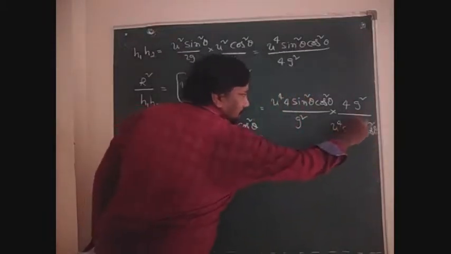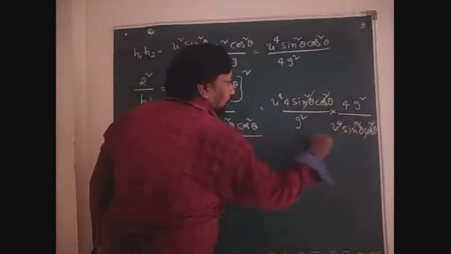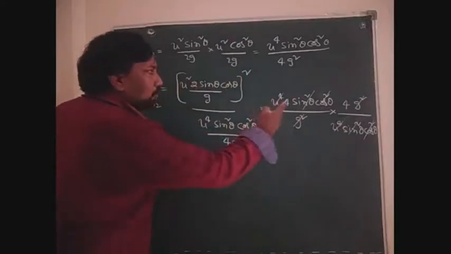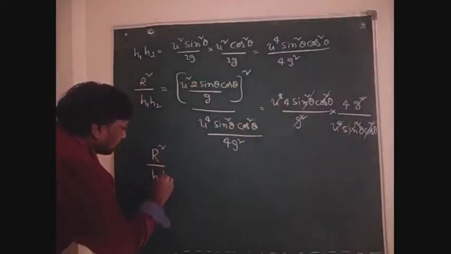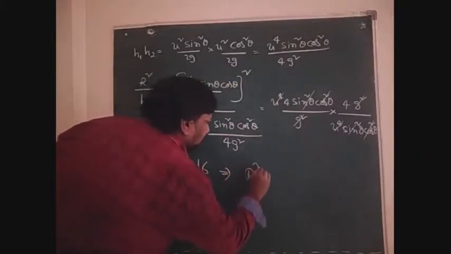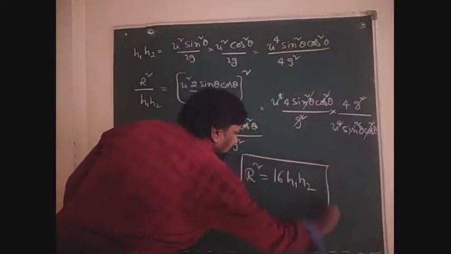So here sine square theta cos square theta cancel, u power 4 cancel, g square cancel. So 4 into 4, 16. So R square by H1 H2 equal to 16. Therefore R square equal to 16 H1 H2. So the second option is right.